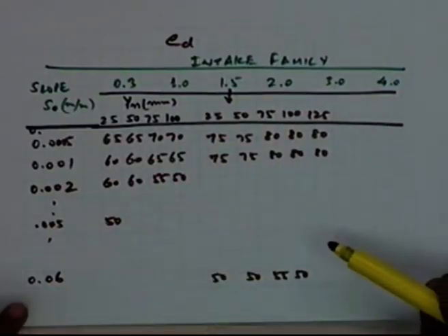Okay. So, having selected an appropriate value of ED, you can substitute that in the relationship of the unit stream size and get a value which can be used for your specific conditions.